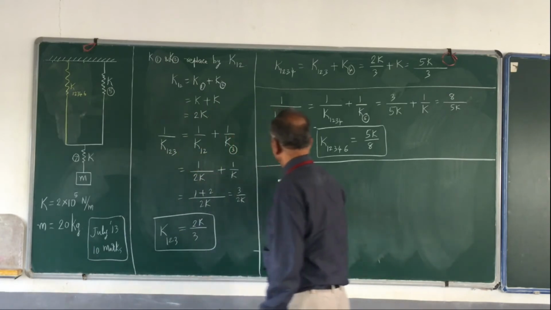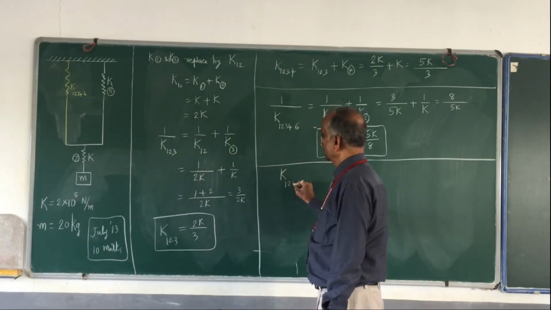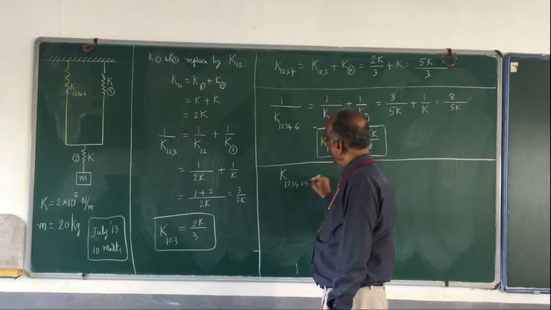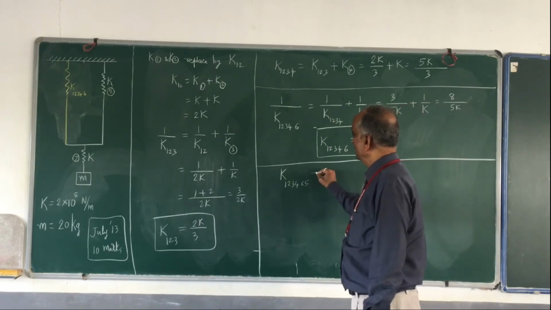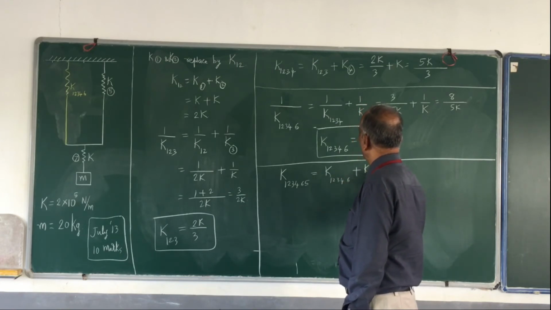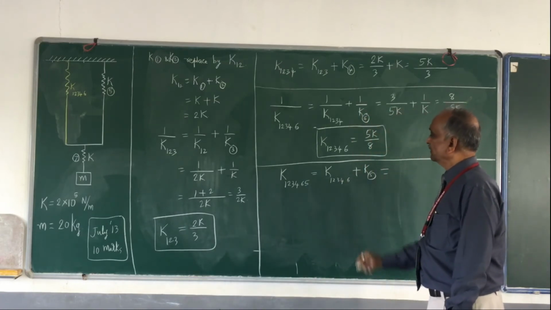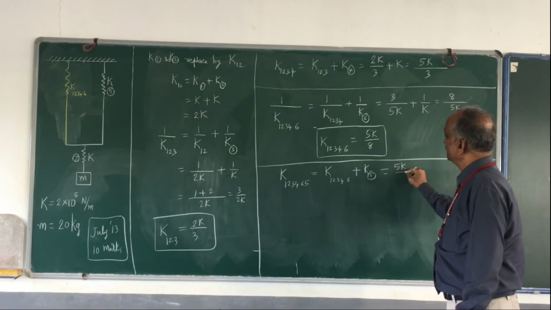So I shall call it K equivalent of 1, 2, 3, 4, 6, 5. This is equal to K of 1, 2, 3, 4, 6 plus K of the spring 5. Okay, K of 1, 2, 3, 4, 6 is 5K divided by 8.